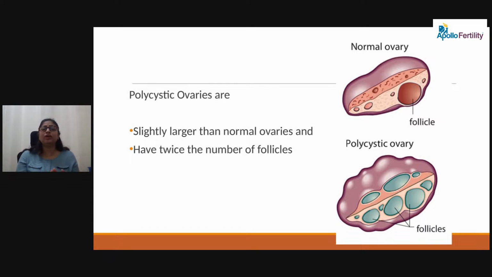Any structure which contains fluid can also be called a cyst, so that's why the name is like that, but it is just a misnomer. It is the large number of follicles, so it is basically a polyfollicular syndrome. There are multiple follicles, it's not a cyst. These follicles are larger in number, and that's why they do not do the purpose they are meant to do.